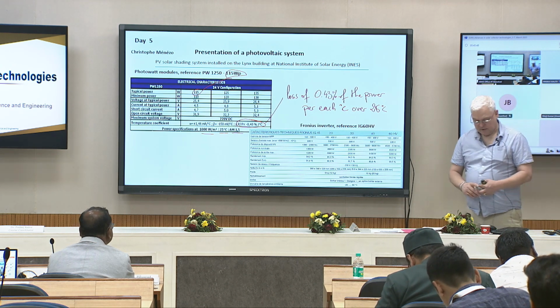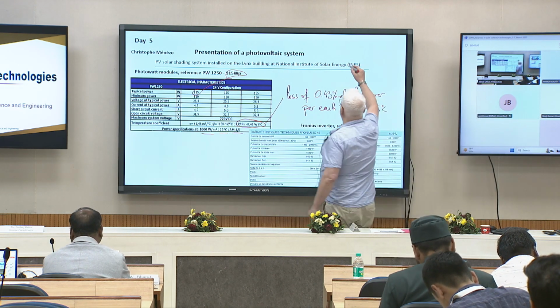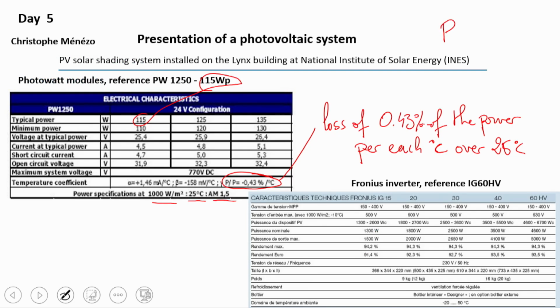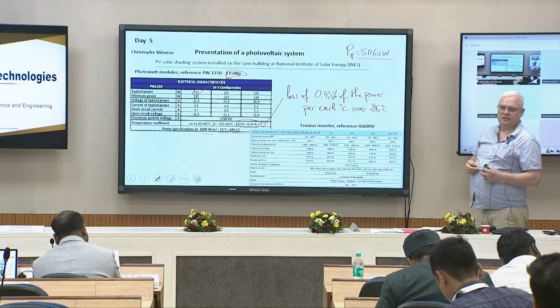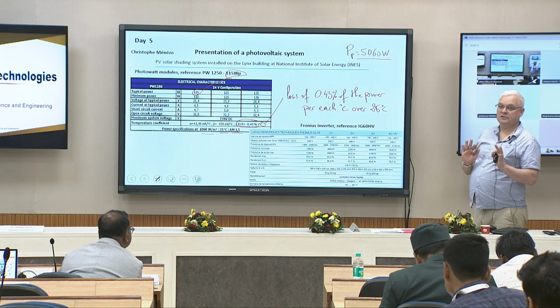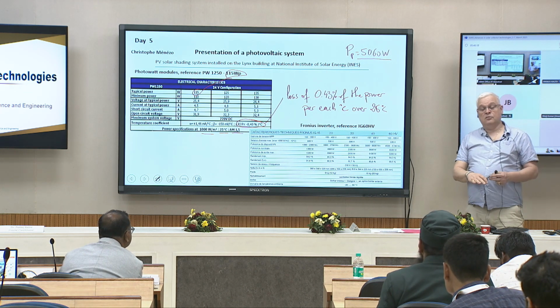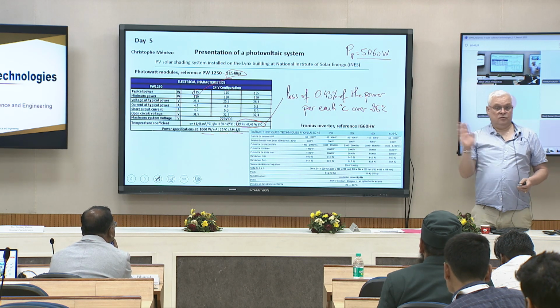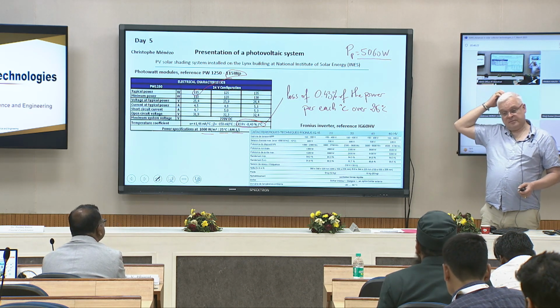So I find 5... okay. So which inverter will we take? I said it is important to be in the good range because if we are below, it will not be able to follow the true track, the maximum power.